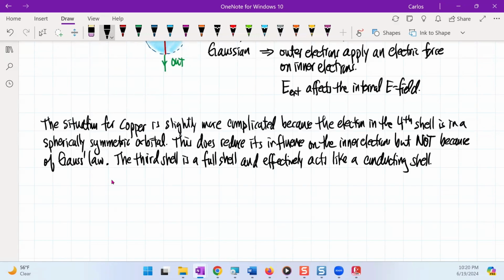And this is something that we're going to look at in the next couple of lectures. If I have an electric shell like this, we're going to find that it is a conducting shell, and inside of here, the field is exactly zero. So the field vanishes inside of it.